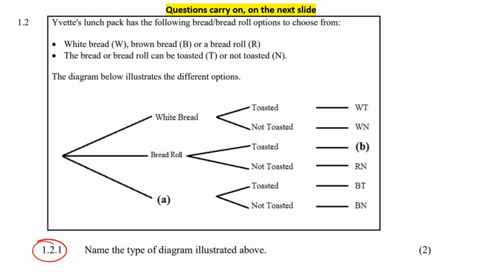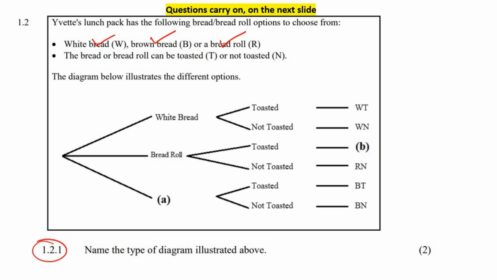It says that Yvette's lunch pack has the following bread roll options to choose from. So you can choose white bread, brown bread, or you can choose a bread roll. Okay, so white bread, a bread roll, and then we'd obviously have to fill this in a little bit later.